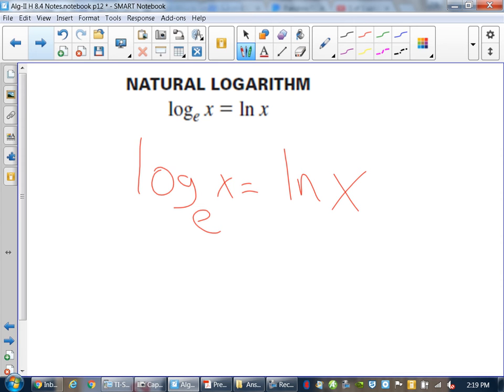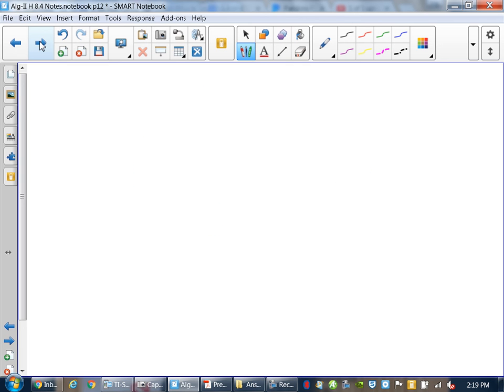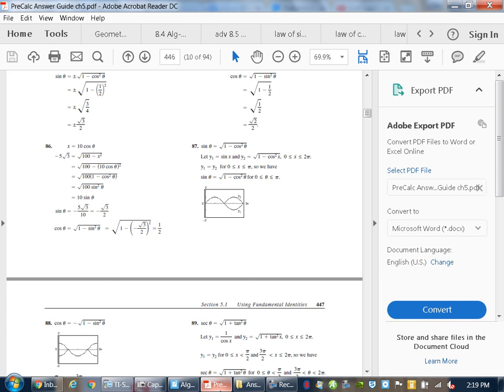So here's why we have natural logs. We use natural logs for inverse stuff.